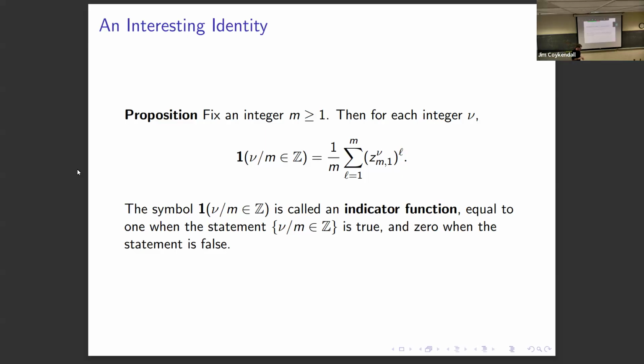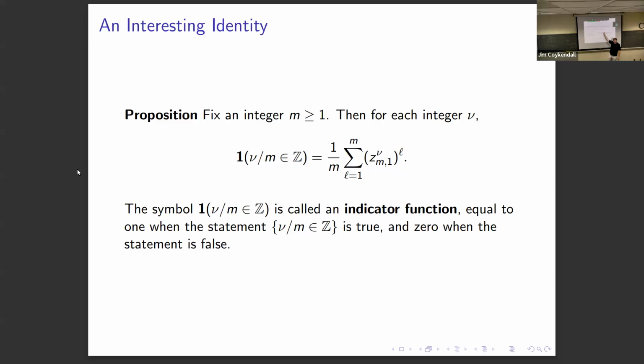Because remember what we're trying to do. At the beginning, I said I wanted to sum over all terms of the form a_{mn+nu} times z to the power mn plus nu, and I'm summing over n. So I'm only trying to catch the sum over integers where, when I divide by m, I get a remainder of nu. And this is going to help me do that.